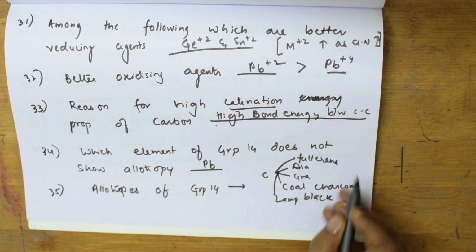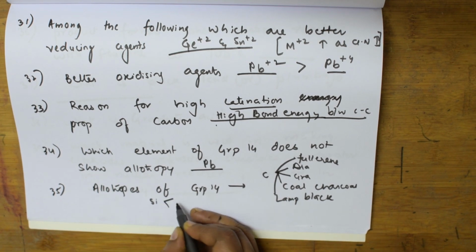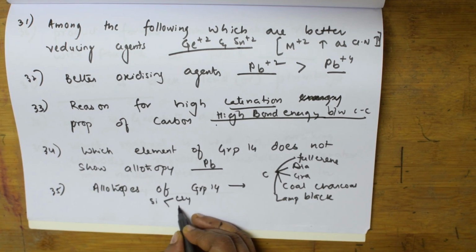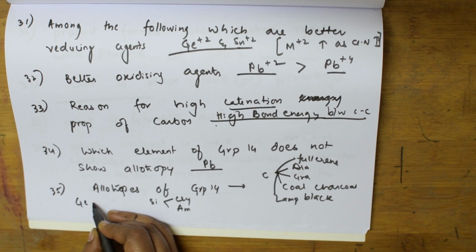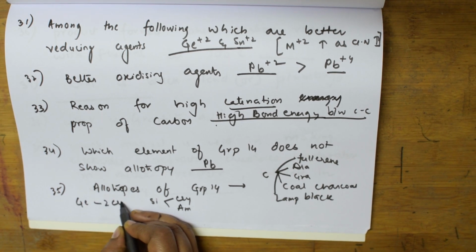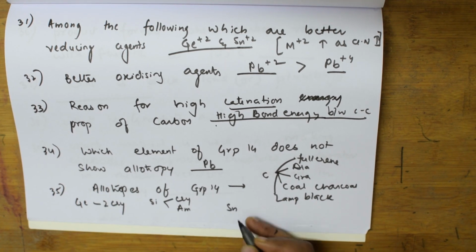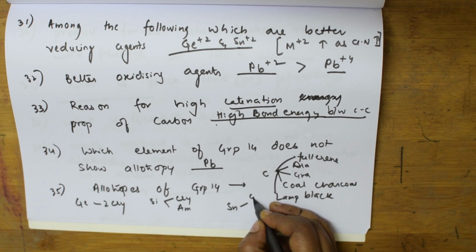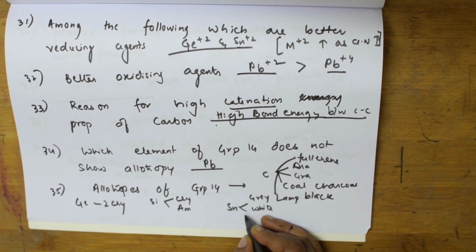So many allotropes are there. When it comes to silica, silica basically shows two types of allotrope. One is crystalline form, one is amorphous form. When it comes to germanium, it shows two crystalline forms. When it comes to tin, it shows gray, white and rhombic forms.